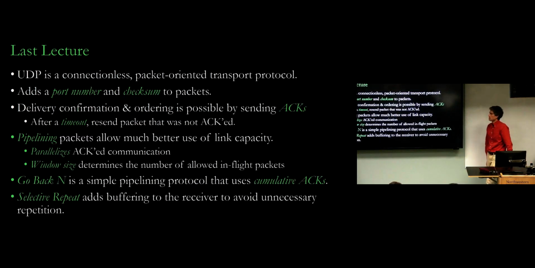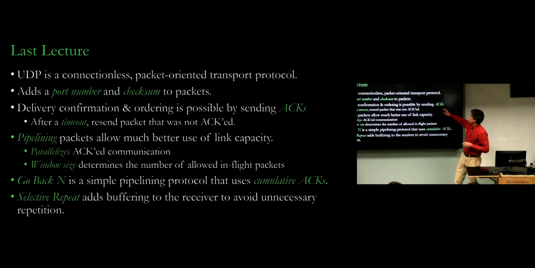So last lecture I talked about the transport layer in general. I introduced UDP. UDP is a very simple connectionless packet-oriented transport protocol, which really just adds ports to what the underlying IP layer provides, which is the ability to send a packet from one place to another. But in order to support streams of data and more data than you can fit in a single packet, you need to break up data into segments and include and handle delivery confirmation and ordering.